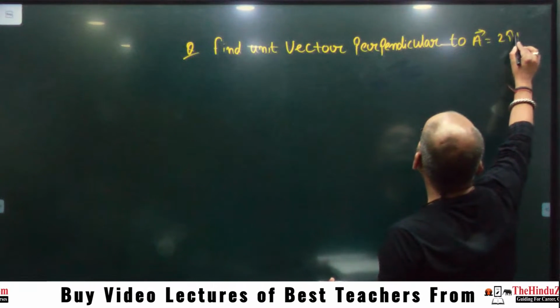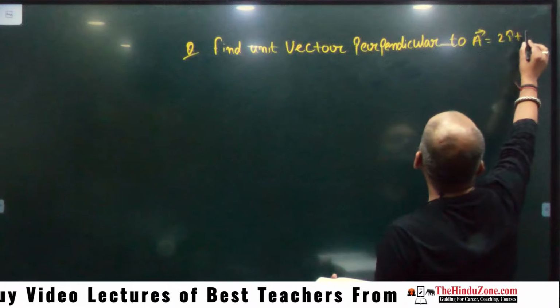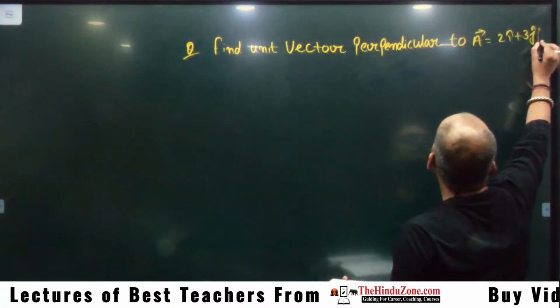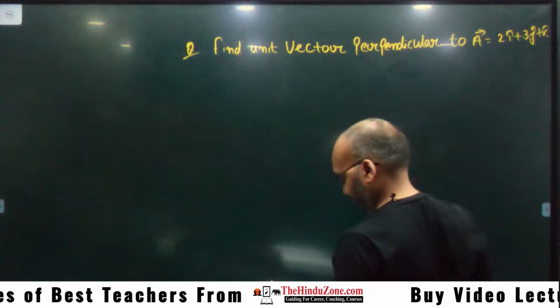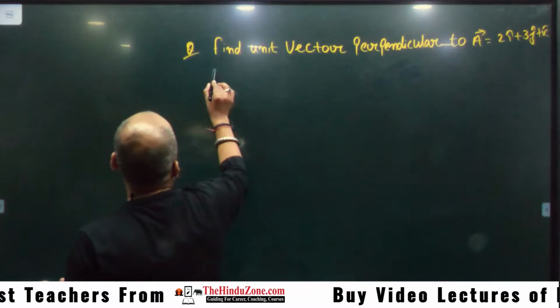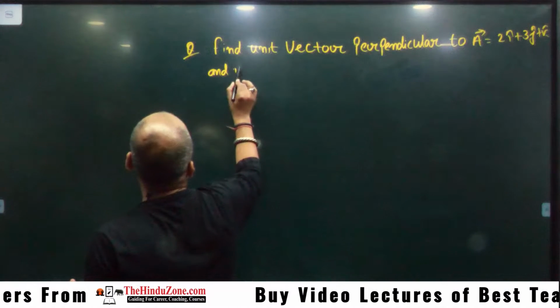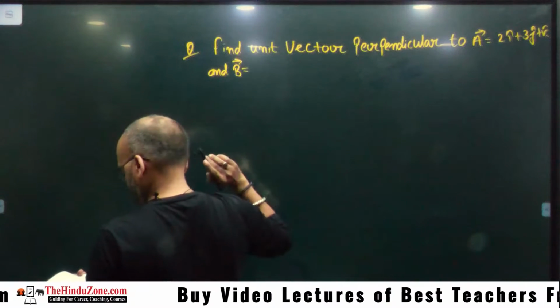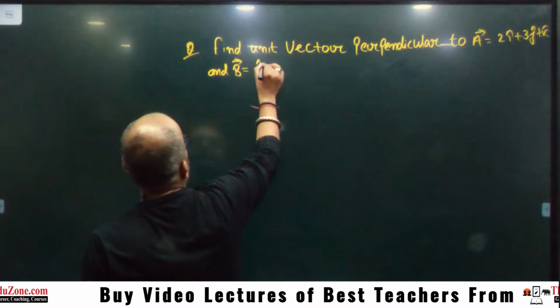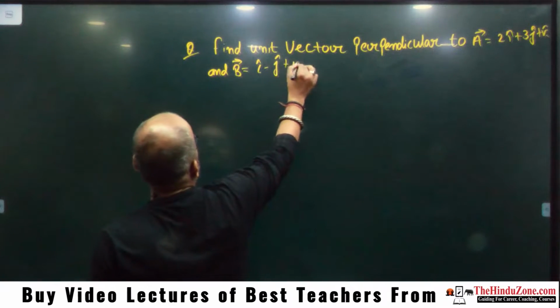It is 2I plus 3J plus K cap, and B is I minus J plus K.